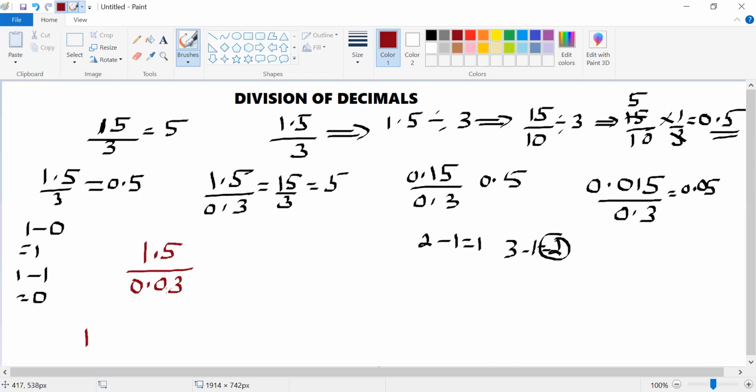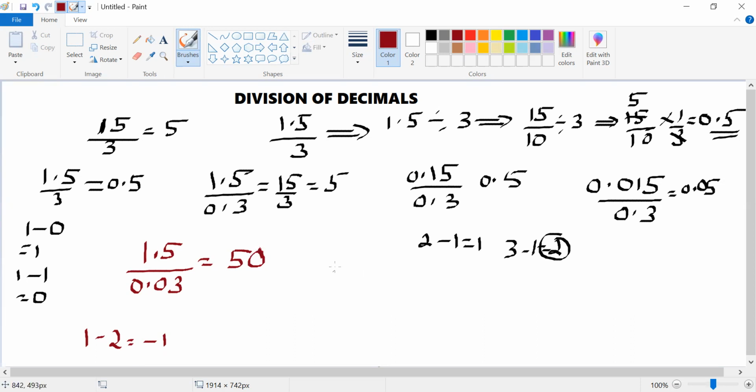Denominator, how many decimal places? 2 decimal places. 1 minus 2, we are getting -1. So what will happen to the quotient 5? -1 means the decimal has to move right. There is nothing there on the right side to move, no number. So what we have to do? Add 1 zero. 50 will be the answer.